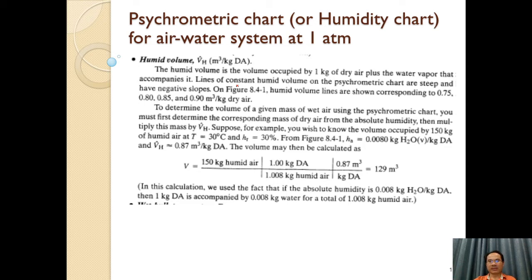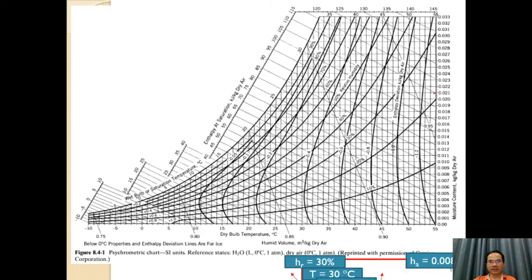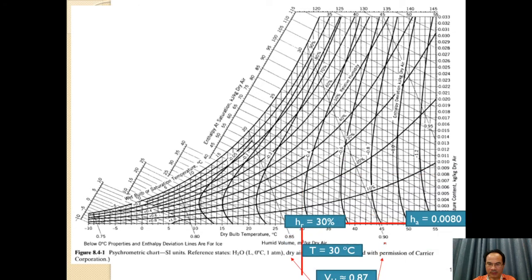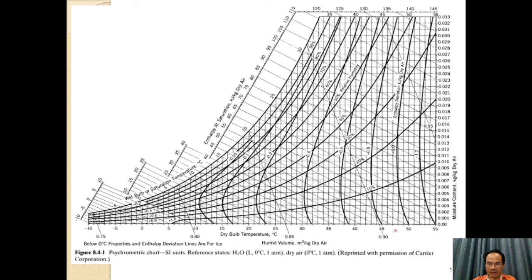For example, for this case, the humid volume lines in the figure are 0.9, 0.85, 0.8, 0.75. If you know the humid volume is between 0.85 and 0.9, you can interpolate the value between these two lines.